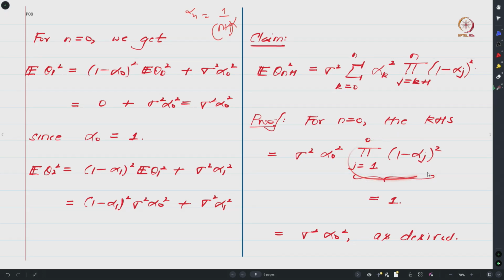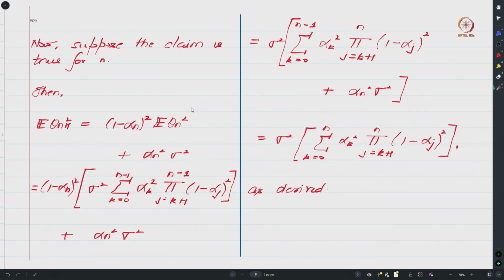Whenever you have a product where the lower index is larger than the upper index, we interpret such products as taking the value 1, because such products are technically not possible. Once we interpret this product as 1, we see that this expression is actually sigma square alpha 0 square, which is exactly what we had verified here.